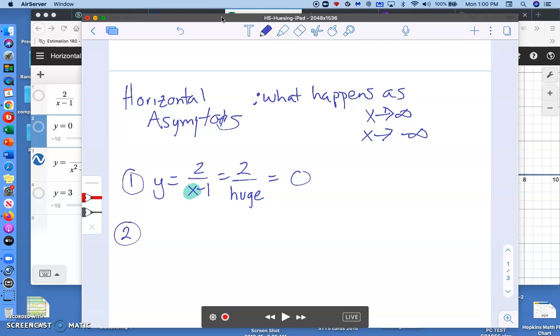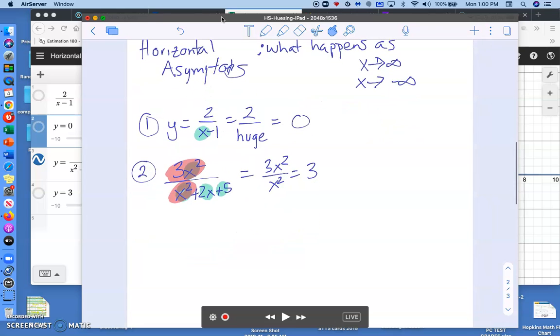Whereas if we had one like 3x squared over x squared plus 2x plus 5, if we start thinking I'm going to make this x number really, really big, the only thing that's going to matter is this huge number over x squared. Because in reality, 2x plus 5, those aren't that big. So this would go to 3x squared over x squared, which would go to 3. So one way you can think about it is x gets big. What does that number go to? Because some of them just won't matter.